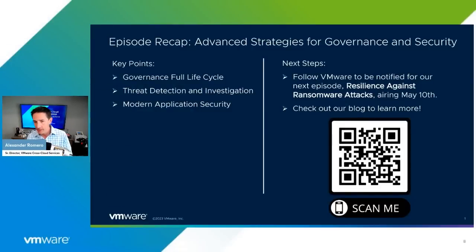So we want to pop that last slide up, recapping what we covered today. Number one, thinking about that full governance lifecycle across the multi-cloud environment. Not easy, but possible to do it right.